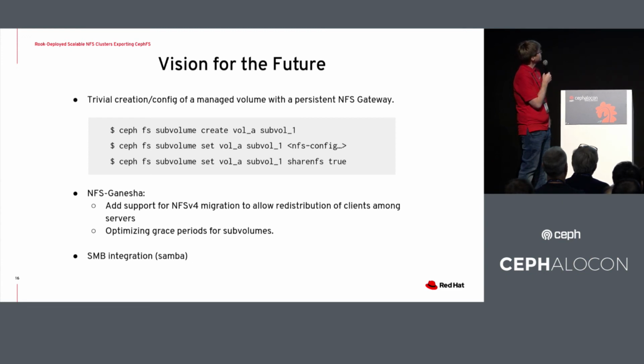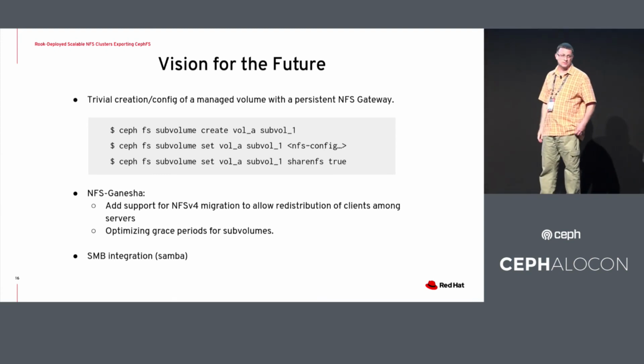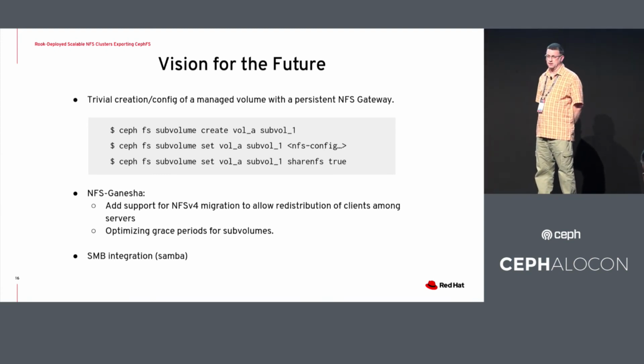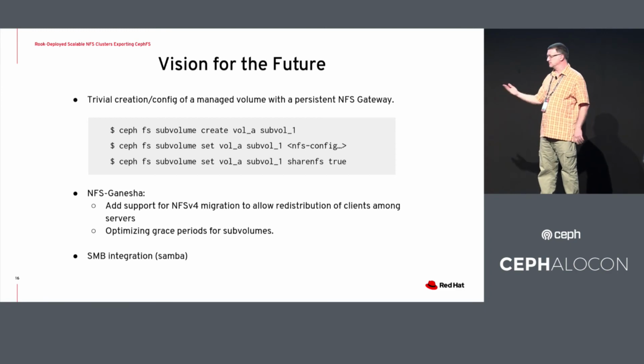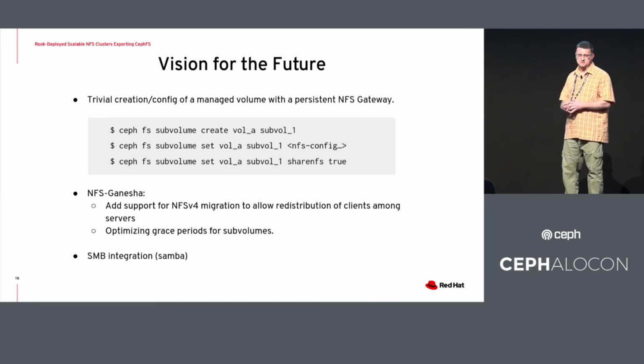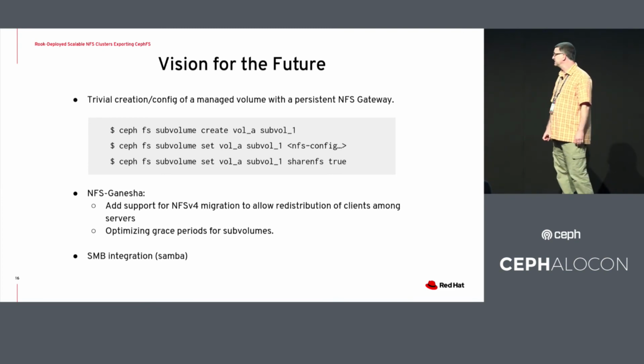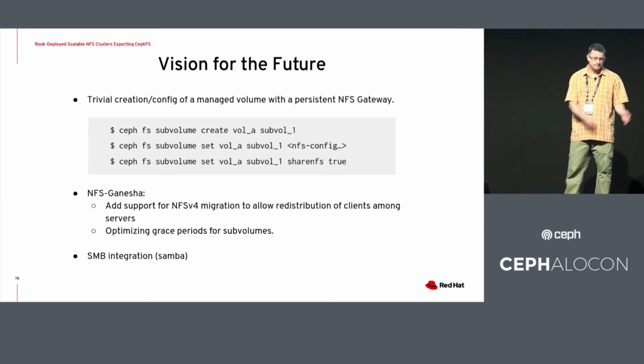On the second bullet point here, we're talking about adding support for failover migration. One of the problems we have now is, like Patrick said, the NFS clients are bound to a particular IP address. But there are mechanisms in the Linux kernel NFS client that will allow it to move to a different one.